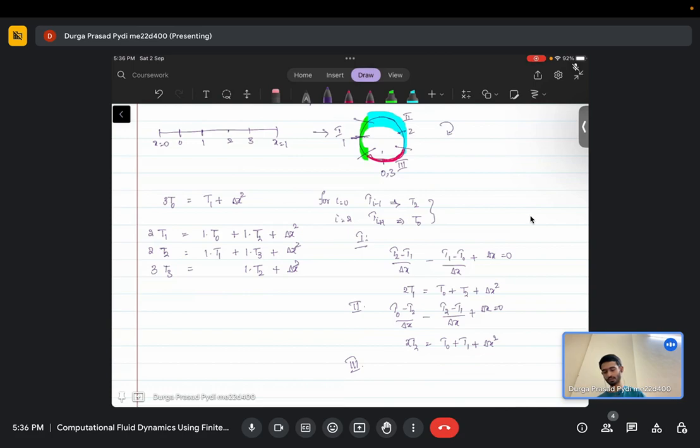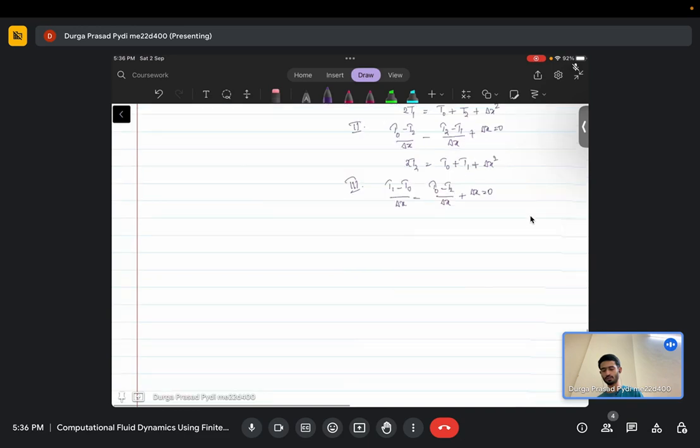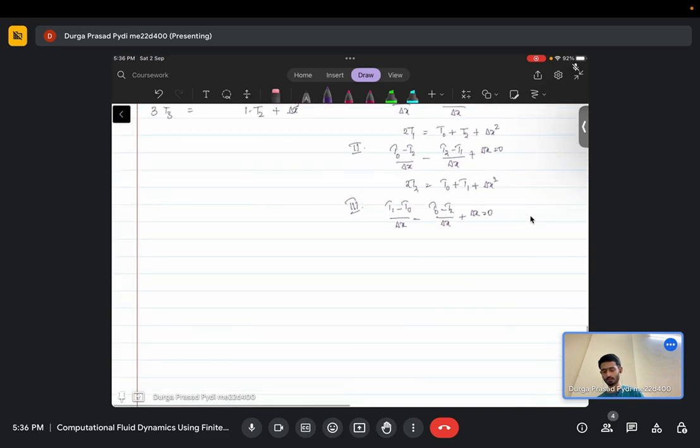So for the third region on the east we have t1 minus t0 by delta x, minus, towards the west side, we have t0 minus t2 by delta x, plus the source term. So this gives us 2 times t0 in terms of t1, t2 and delta x square. So now I have 3 equations.